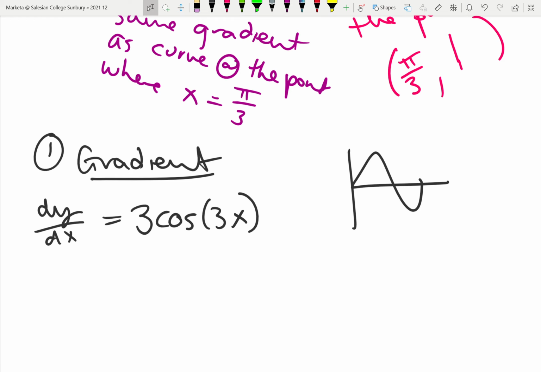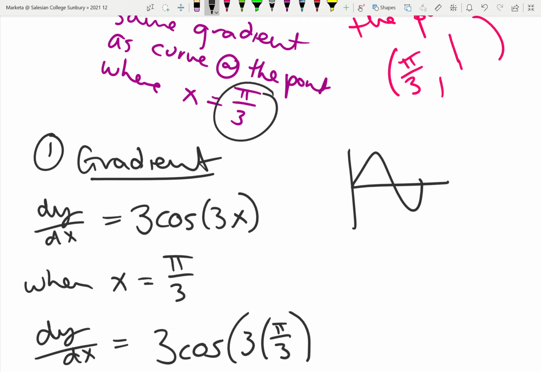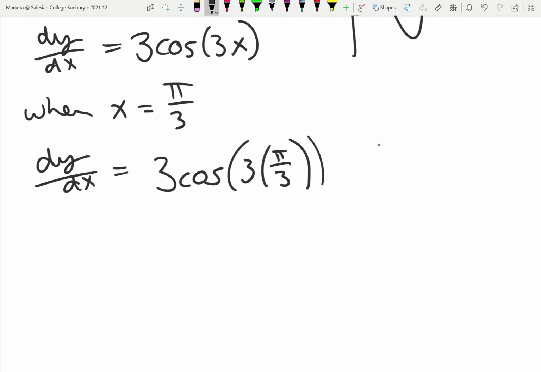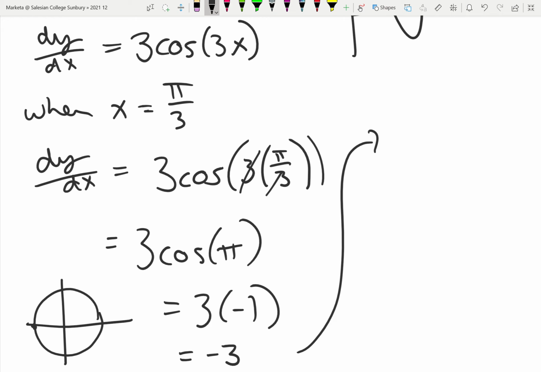Now we want the gradient when x is pi on 3. 3 cos 3 times pi on 3. Well, that's 3 cos, these will cancel, of pi. We draw a little picture to be sure. The cos of pi is -1, so it equals 3 times -1, which equals -3. So far, we have y equals -3x plus c.